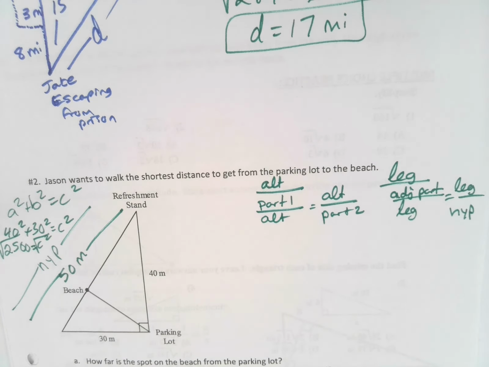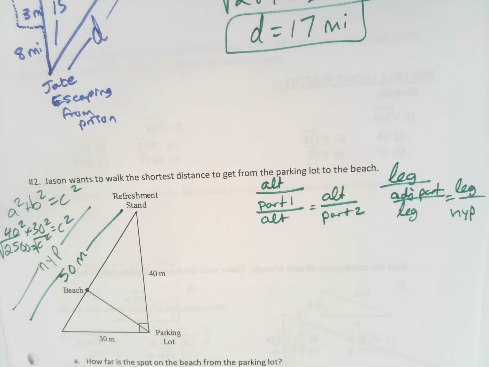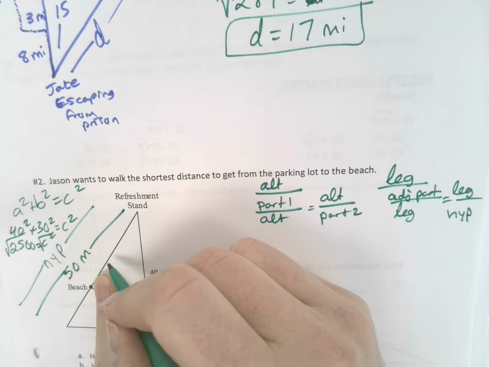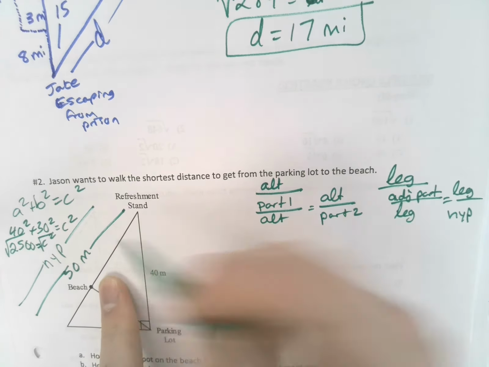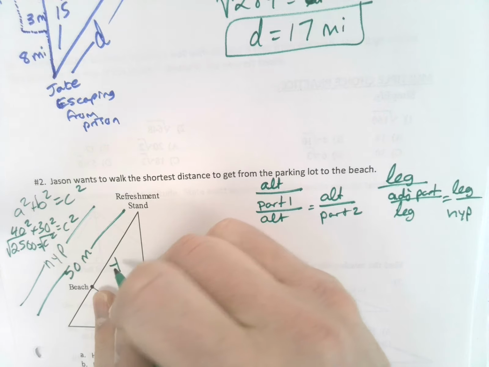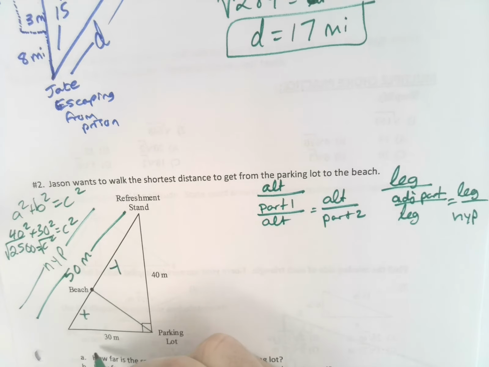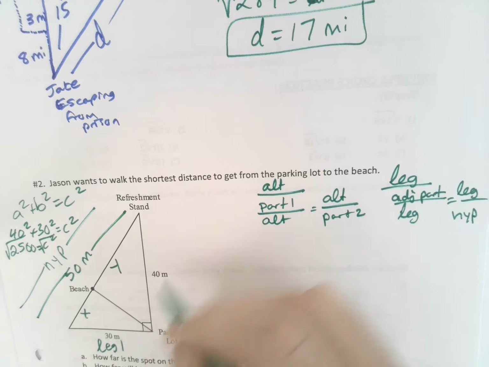Because we know the legs, fill in using, let's say, leg 1, and use what we know about leg 1 and the hypotenuse to then find the adjacent part. Let's call it Y. And we'll call this piece X, which I guess for me would make 30 leg 1 and 40 leg 2.